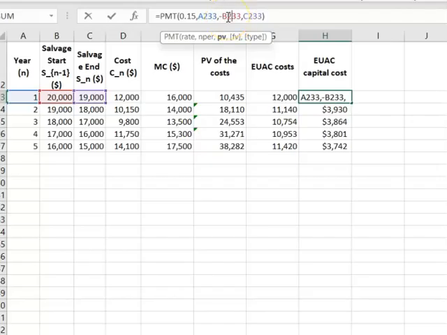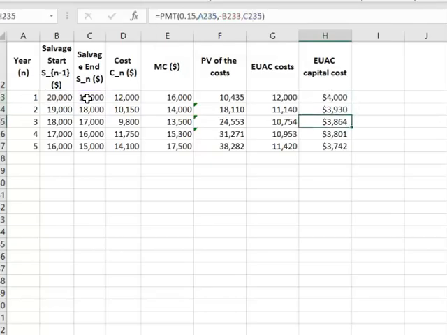Present value is the cost of the machine now, that is $20,000. And the future value is the value of the machine at the end of that period, because in this case we are supposed to keep the machine for 1 year. So we put the value at the beginning now and at the end of this year.